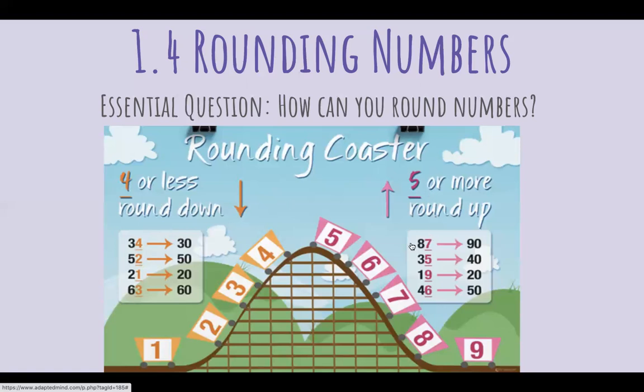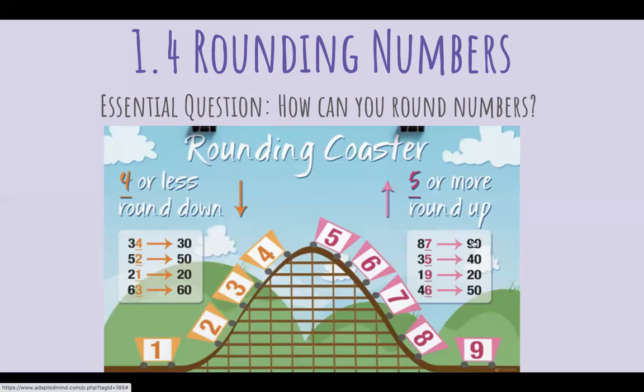For rounding up, let's say in this example we have the number 87. We look again at the number to the right of it, and the 7 is 5 or more. That means that number is telling the 8 to move up to a 9, and then everything after becomes a 0. So 87 is about 90.